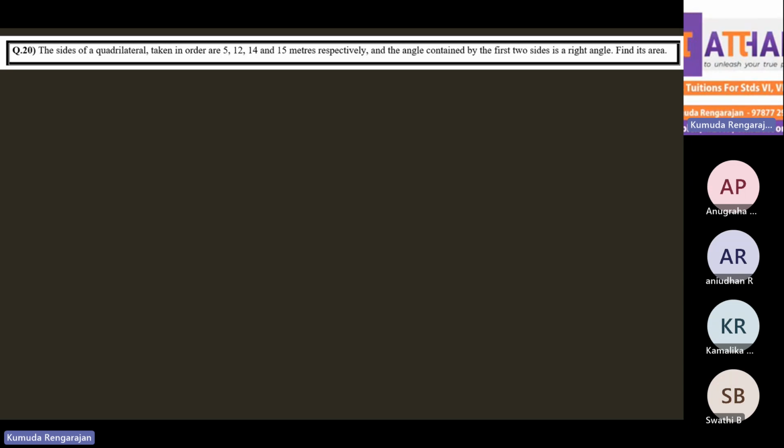Thirty by 2 and 15. AC square is 6 into... then again between AC square and down is... right.